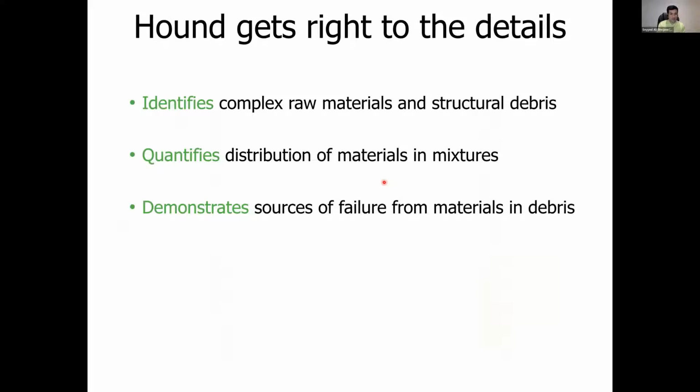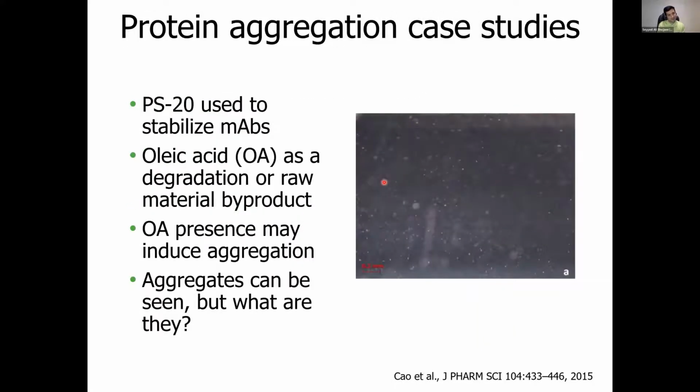With that being said, let's go to the second case study, which is a little bit different from the first one, which is about the protein aggregation study in biologics. A lot of you are familiar with polysorbate 20 or PS20, which is used very commonly to stabilize monoclonal antibodies.